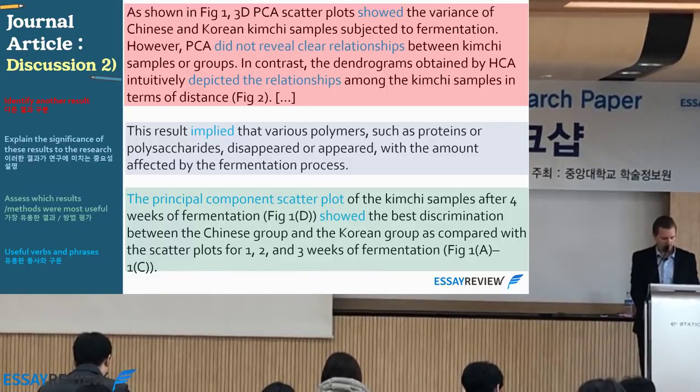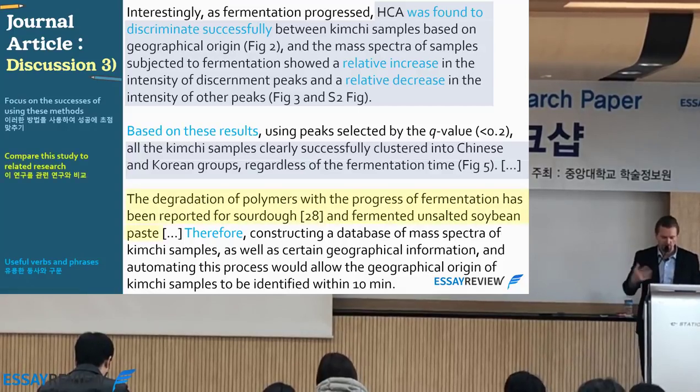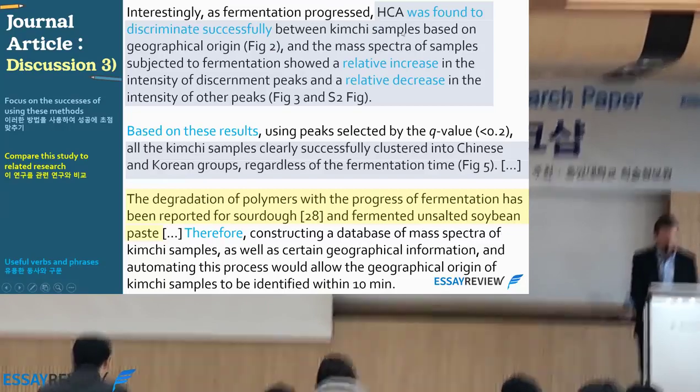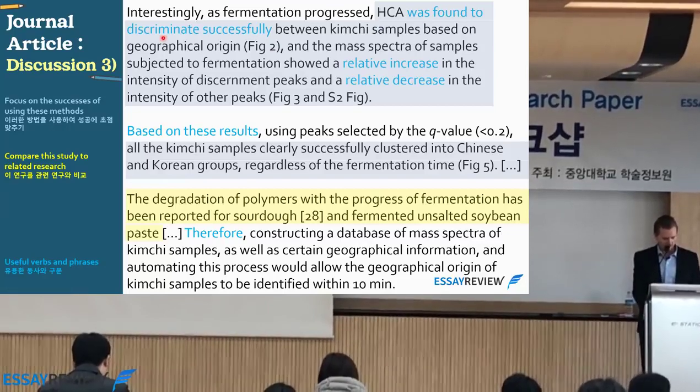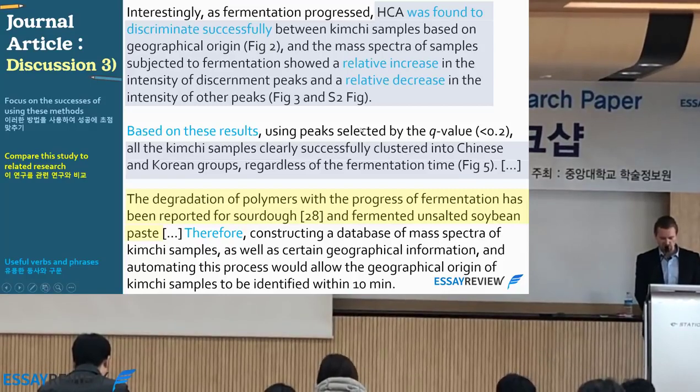Okay, and this is the last page. They focus on the success of these methods. So HCA was found to discriminate successfully, right? That's the main finding and a main importance of this study. Based on these results, all the kimchi samples clearly successfully clustered into Chinese and Korean groups.